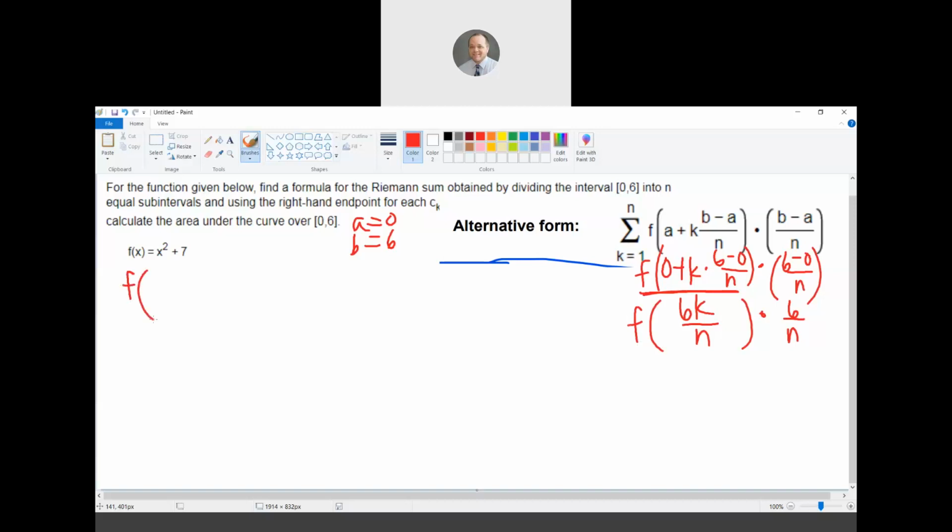Let's do that over here, and let's go ahead and square out the 6k over n. That would be 36k squared all over n squared, plus 7.